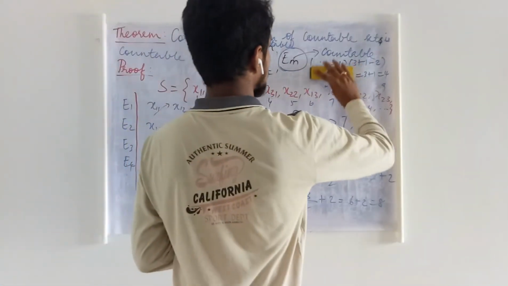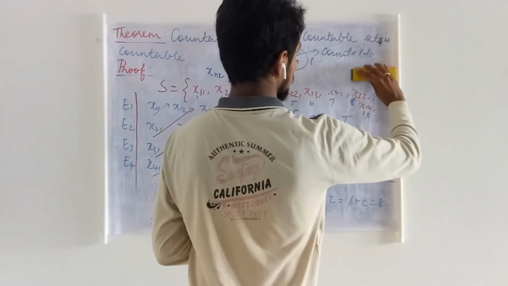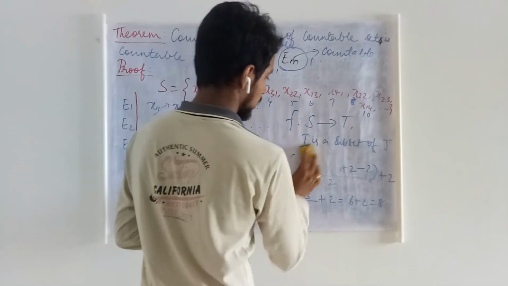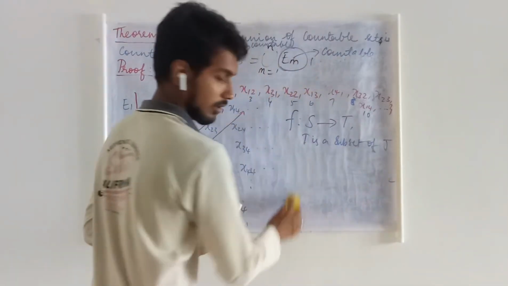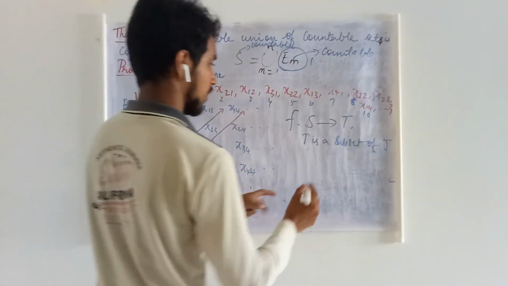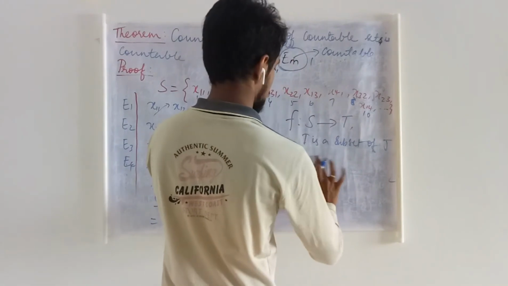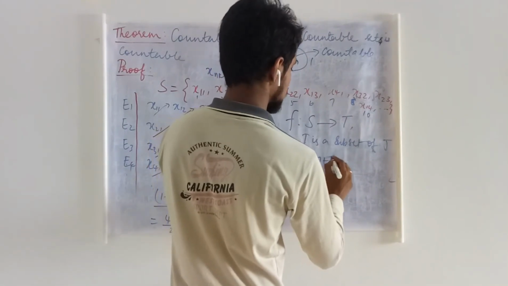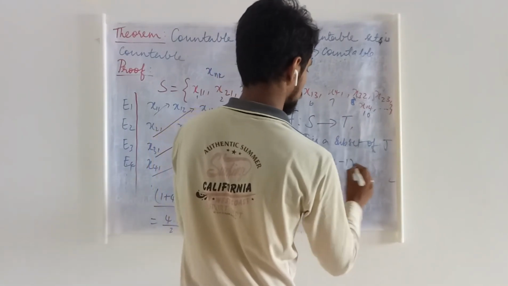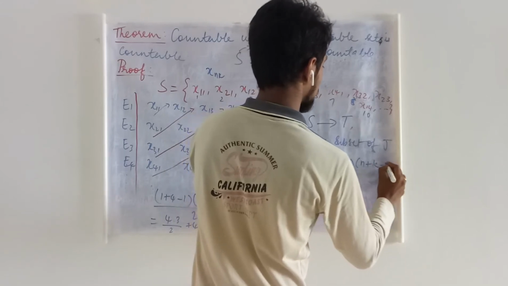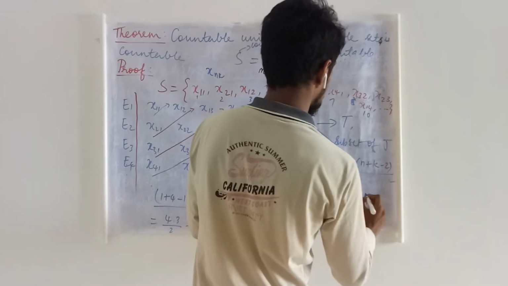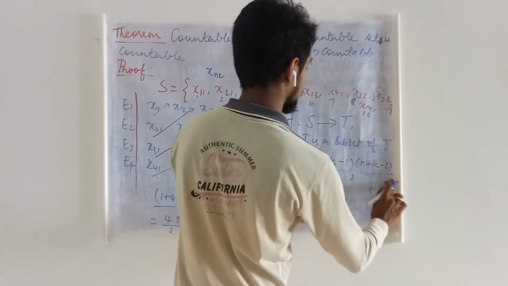So here we need to make the generalization. Okay, what we have actually done is n plus k minus 1, n plus k minus 2 upon 2, and we add k to it.